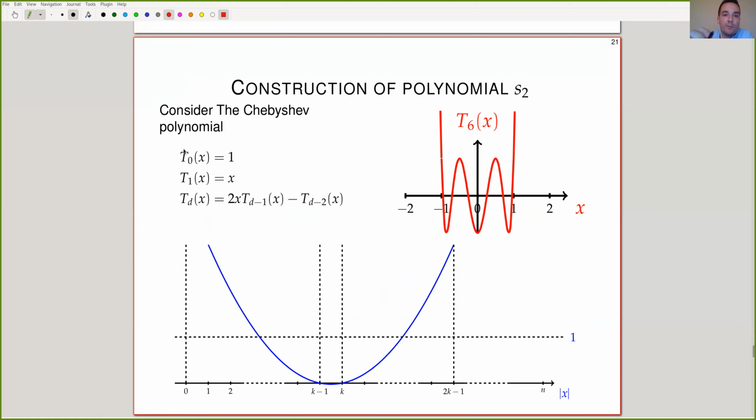And actually the Chebyshev polynomial, for arguments between minus 1 and 1, always takes values between minus 1 and 1. And moreover, among all the polynomials of degree d that take values between minus 1 and 1 here, it is the polynomial that grows the fastest outside this interval.